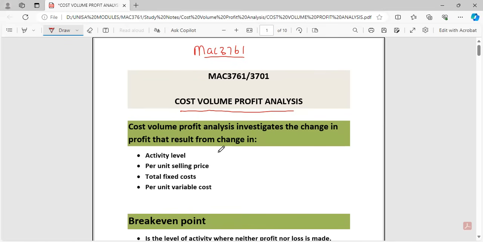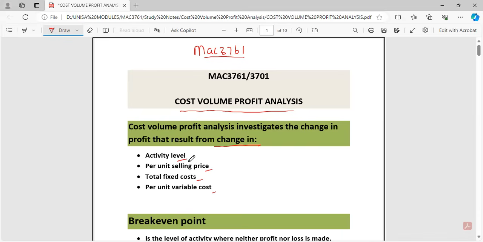It is there to analyze or investigate the change in profit that results from a change in activity level, the unit selling price, total fixed cost, and per unit variable cost.